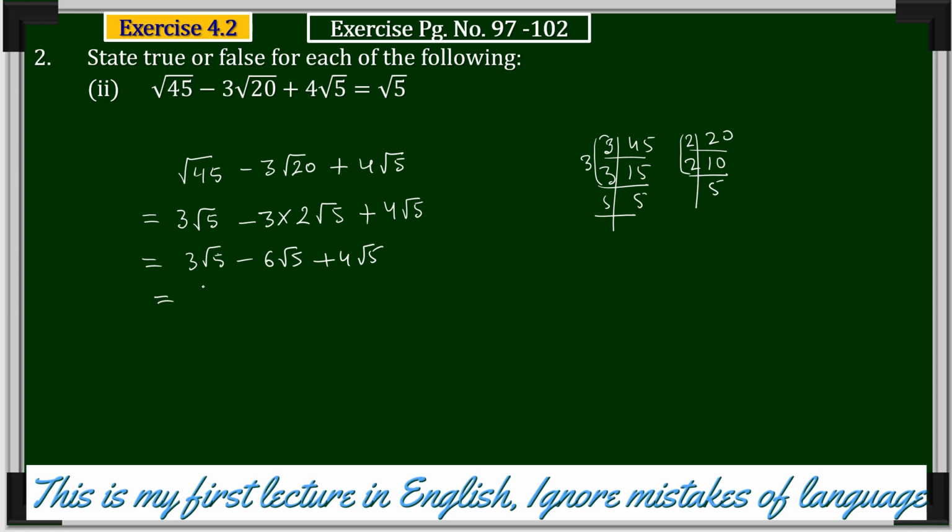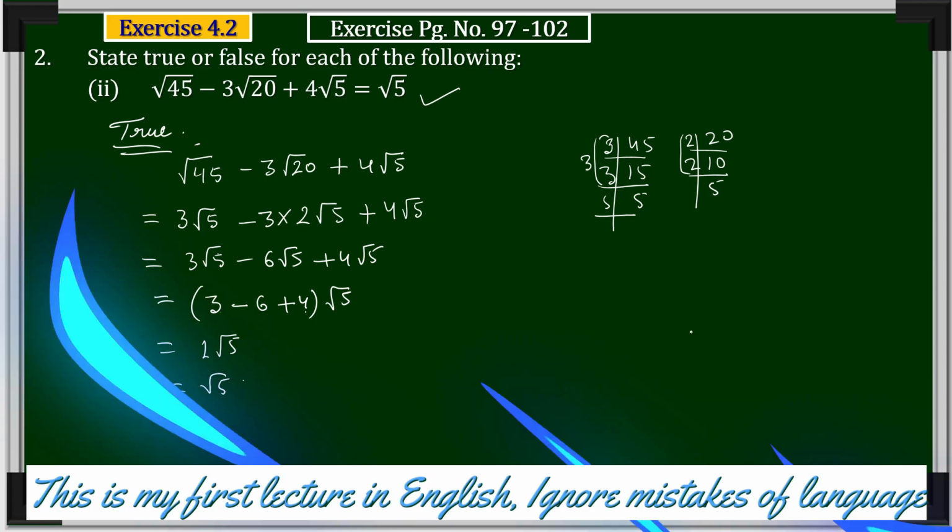Take root 5 as common, and in the bracket write 3 minus 6 plus 4, root 5. 3 plus 4 is 7, 7 minus 6 is 1. So it is 1 root 5 or root 5. So in the RHS it is given root 5, so this is also true. Okay, this statement is true.